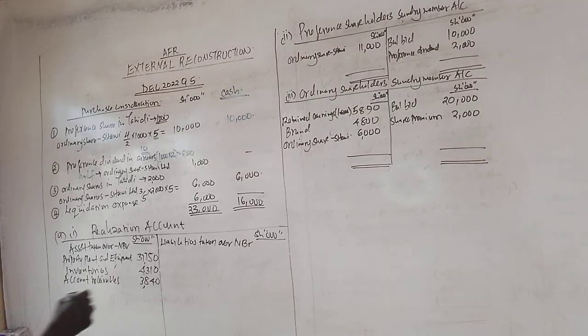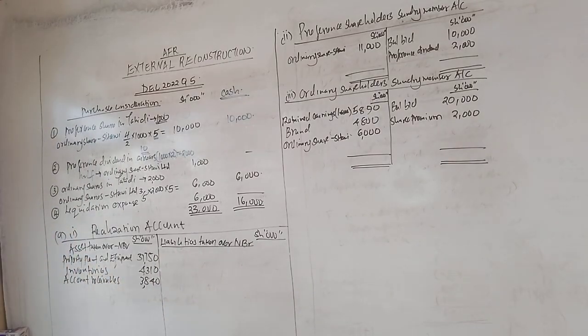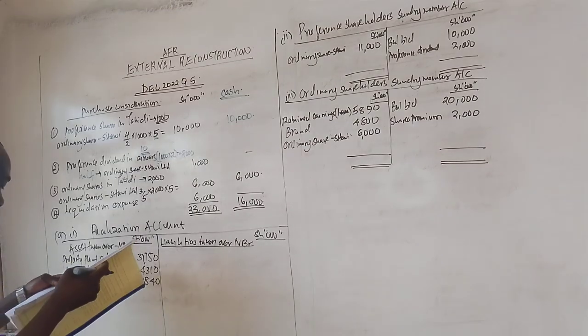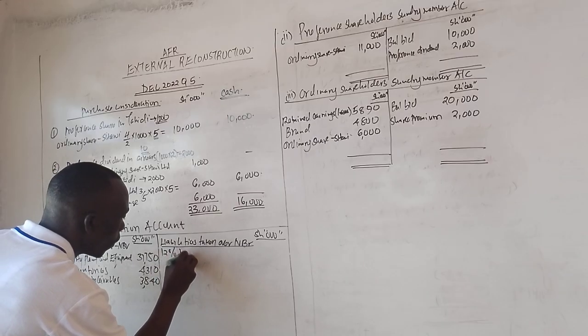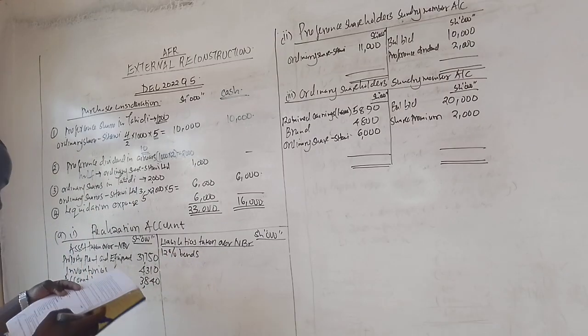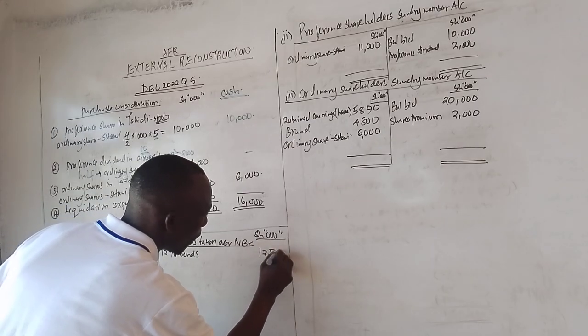So from there, let us first deal with the liabilities taken over. We had 12% bonds, amounting to 12,500.